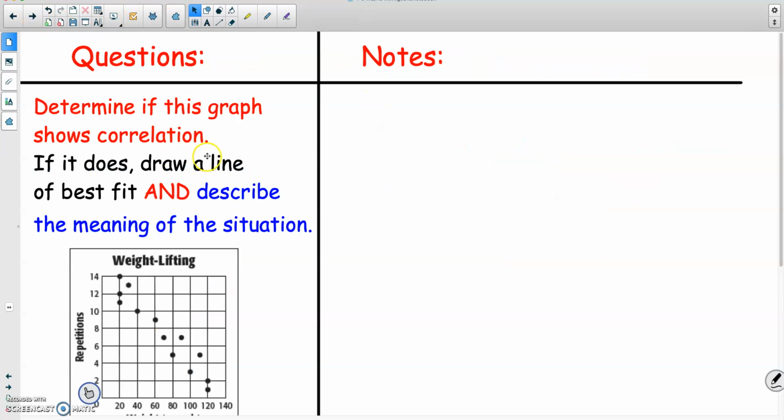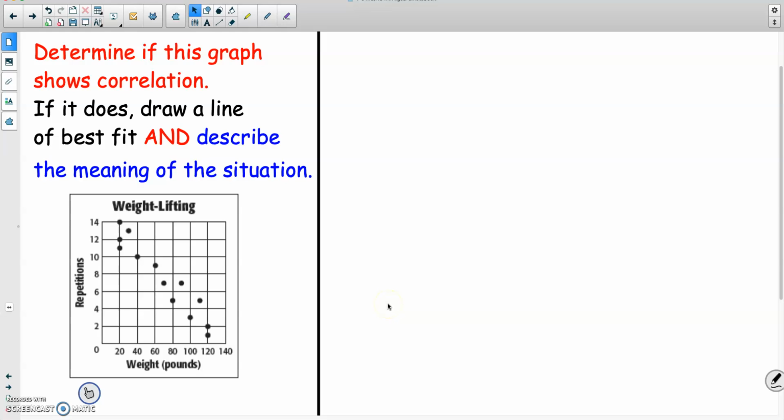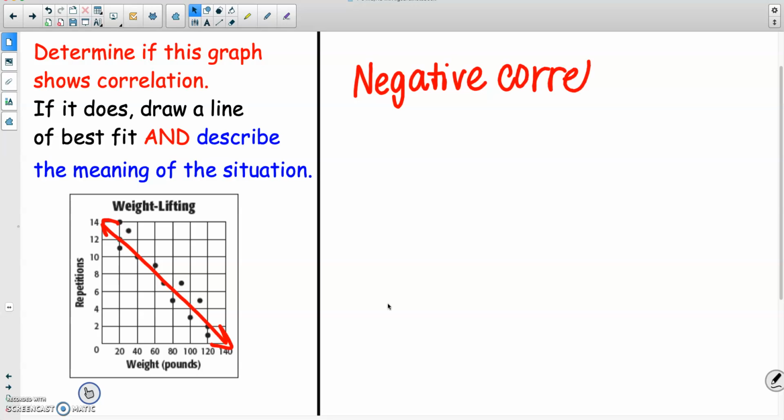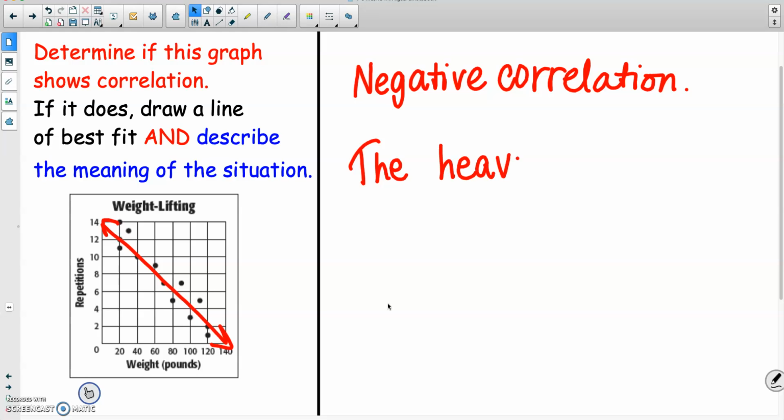Next one, definitely negative correlation here. So here's my line. Might want to move it over a little bit. There, that looks pretty good. So this one's definitely negative correlation. And what does it mean? If you look at the title and the axis labels, this one means that the heavier the weight is, the fewer repetitions you're able to do.